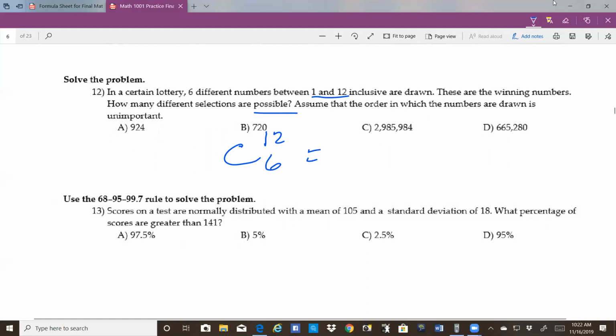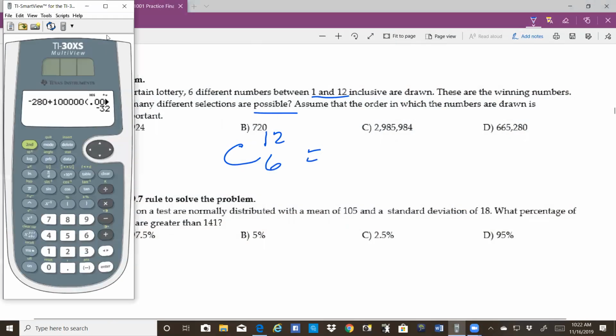And for this particular one, I'm going to go ahead and bring up the calculator. I think you already know how to do this. Combination of 12 things taken 6 at a time.